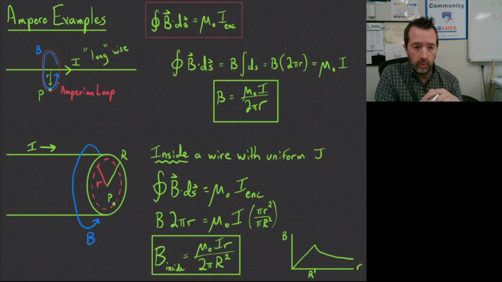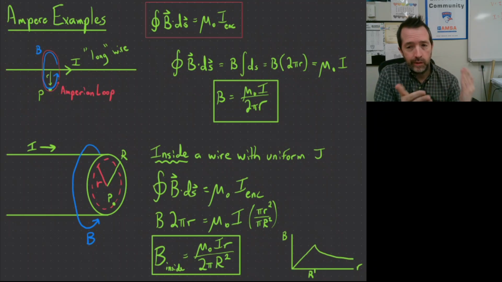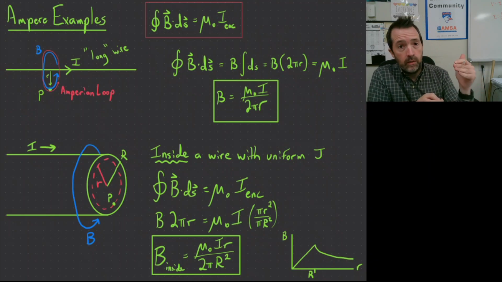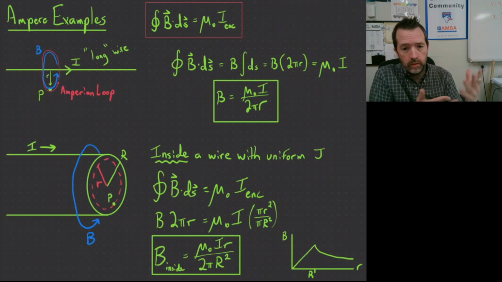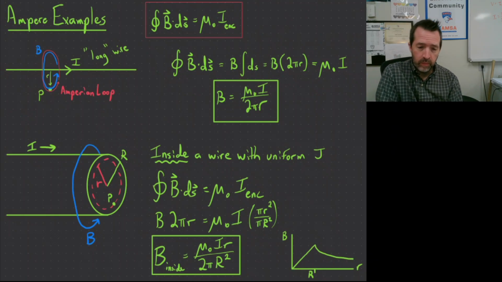That's not the only way you can think about it. You could also say it's the current density times the area contained by my loop, and then you have to write the current density as I divided by the total area, and you end up in the same place. So when you simplify that, you get the expression I have boxed at the bottom.